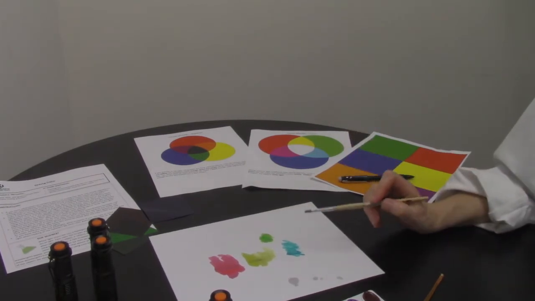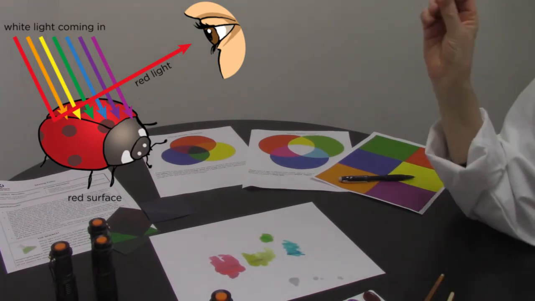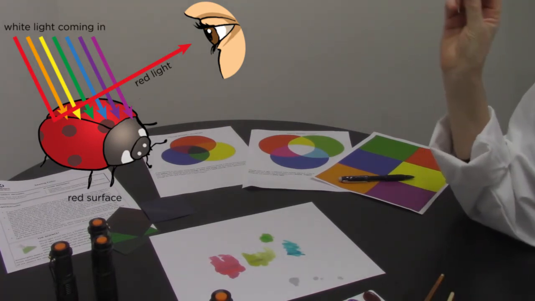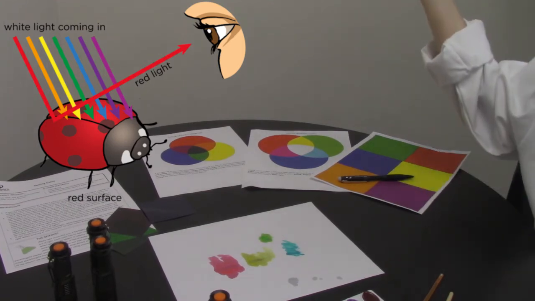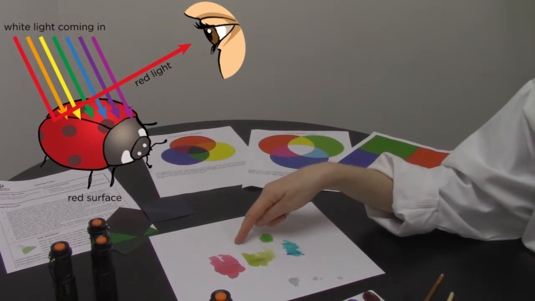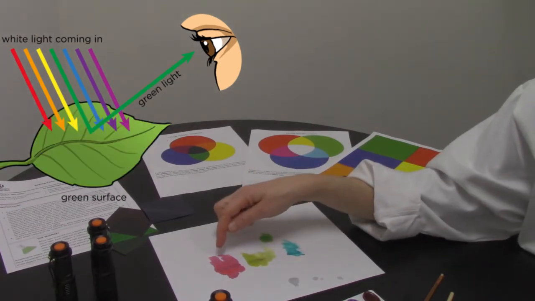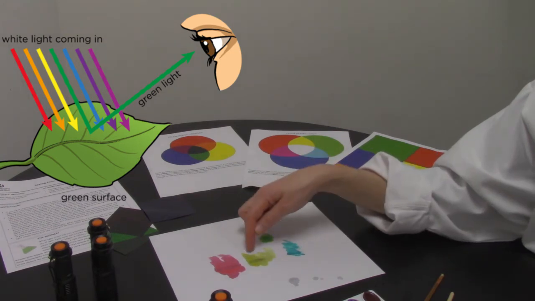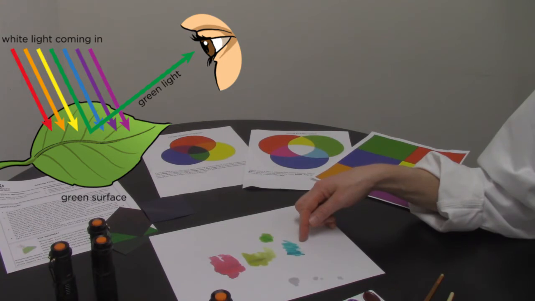The way pigments work is they reflect only certain wavelengths from a white light source. So because our light here is white light, it is bouncing off of our pigments, and it is only reflecting, in this case, red wavelengths, yellow wavelengths, green wavelengths, and blue wavelengths.